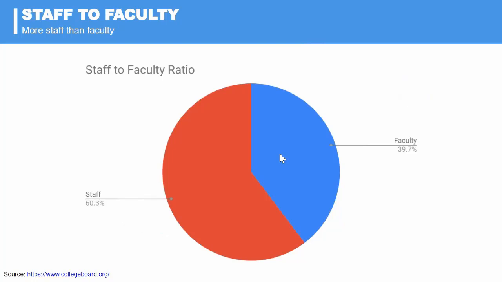But what I see, this is commonly the case. It's about 60% staff to 40% faculty. So the staff on staff, nice little pun there. No, the administration side of the university is substantially larger than the learning side.